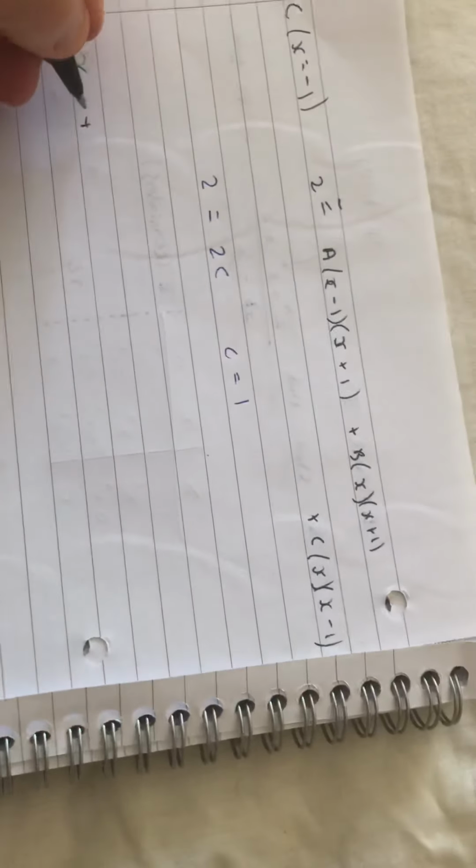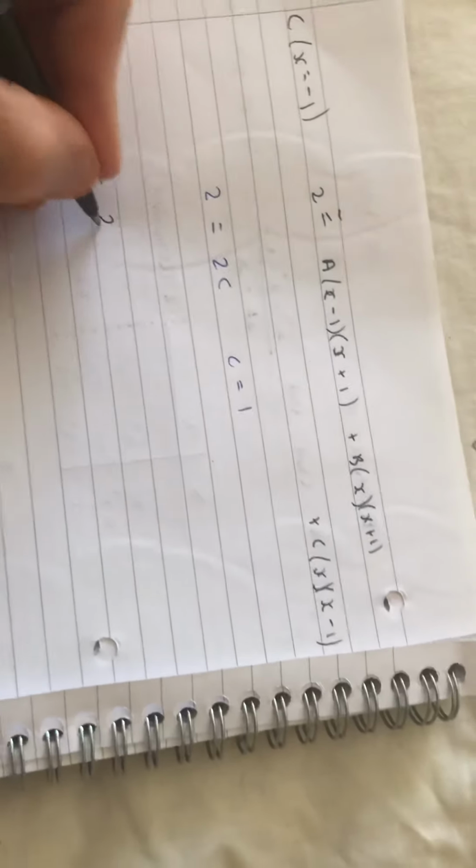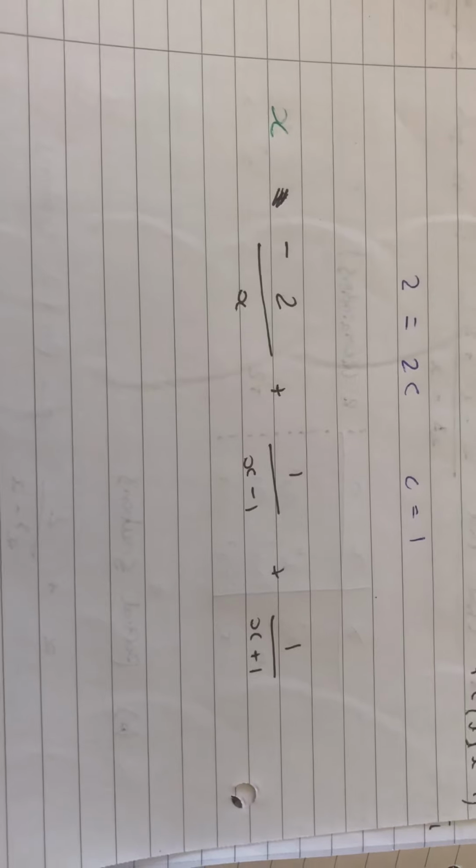So minus 2 over x, which was x minus 1 and then x plus 1. B was positive 1, so plus 1 there, and then C is plus 1 as well by the looks of it. Okay, so I've not checked the answers, but that is hopefully what we should get for this example.